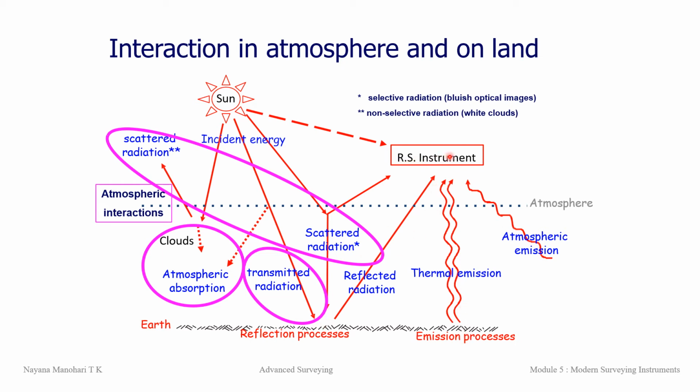This is the remote sensing instrument. You can observe in this figure the reflection process and emission process. This is the clouds, there will be atmospheric absorption, then the radiations get transmitted, then scattered, and reflected to the remote sensing instrument.